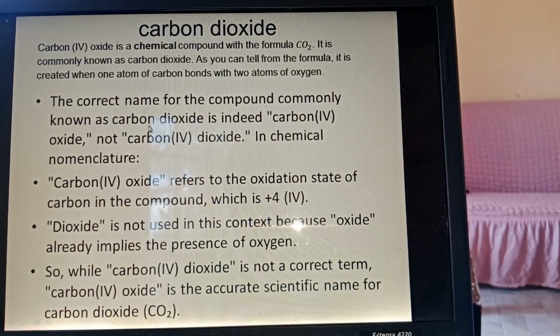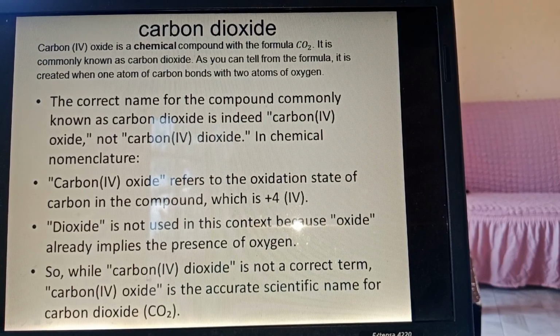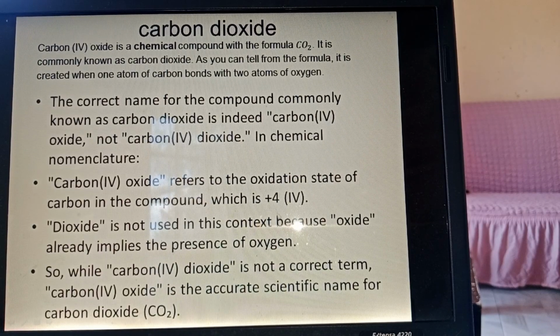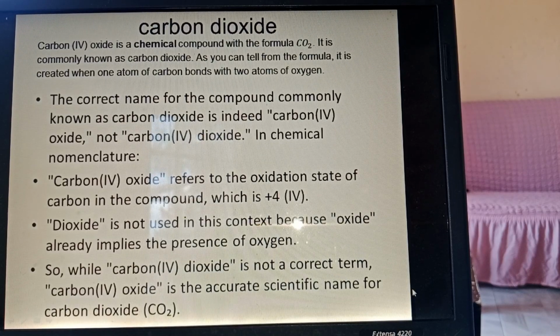It's supposed to be carbon dioxide, and commonly it's supposed to be carbon dioxide. To a layman, it's carbon dioxide. But to a scientist, and looking at the chemical nomenclature, it is carbon dioxide. So carbon dioxide refers to the oxidation state of carbon in the compound, which is +4.